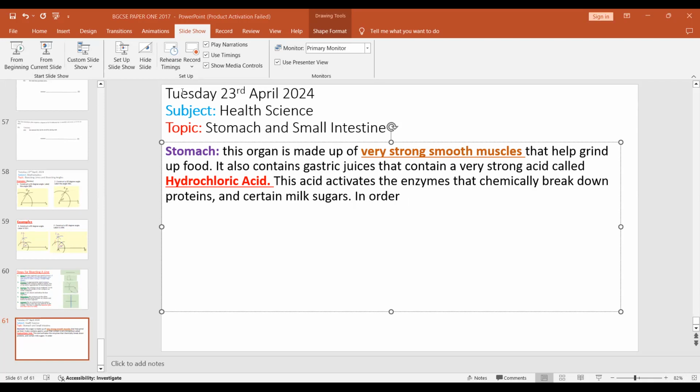In order to contain the acid, the stomach has a mucus lining, or mucous lining, to neutralize the acid.